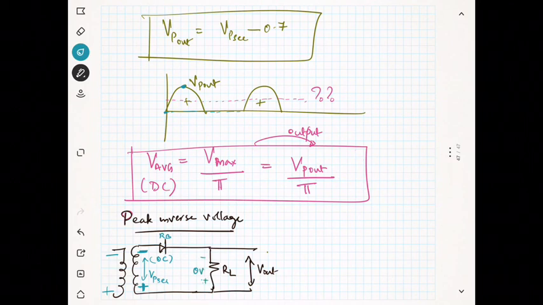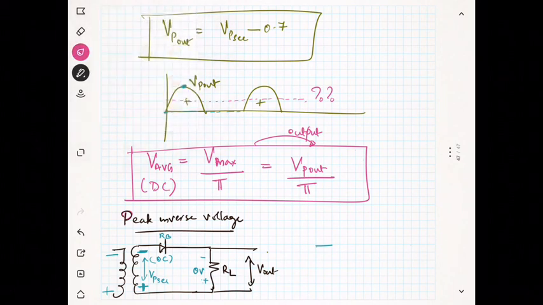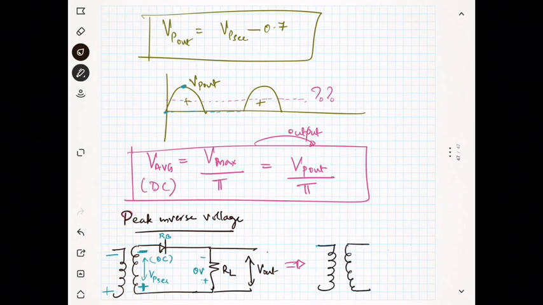So all this voltage will appear across your diode. You can see here all this voltage will appear across the diode. The diode is open circuit, and there is no voltage drop here.